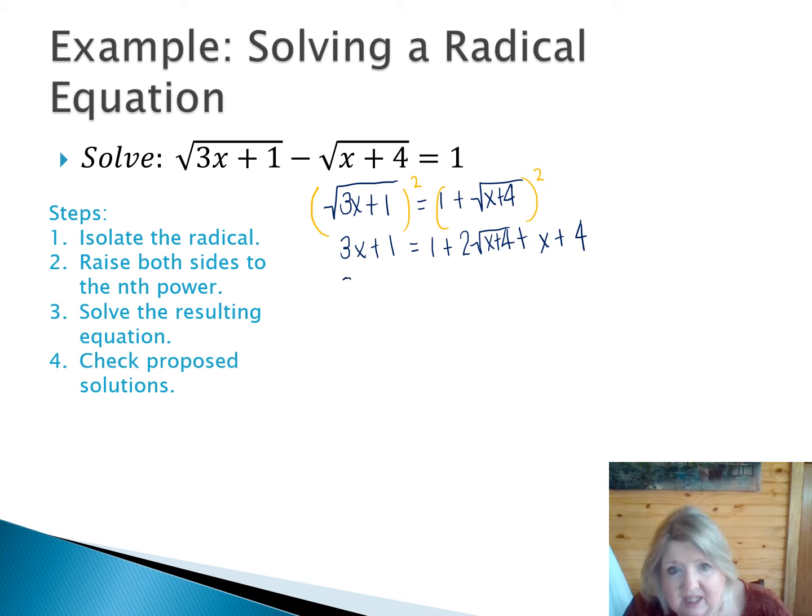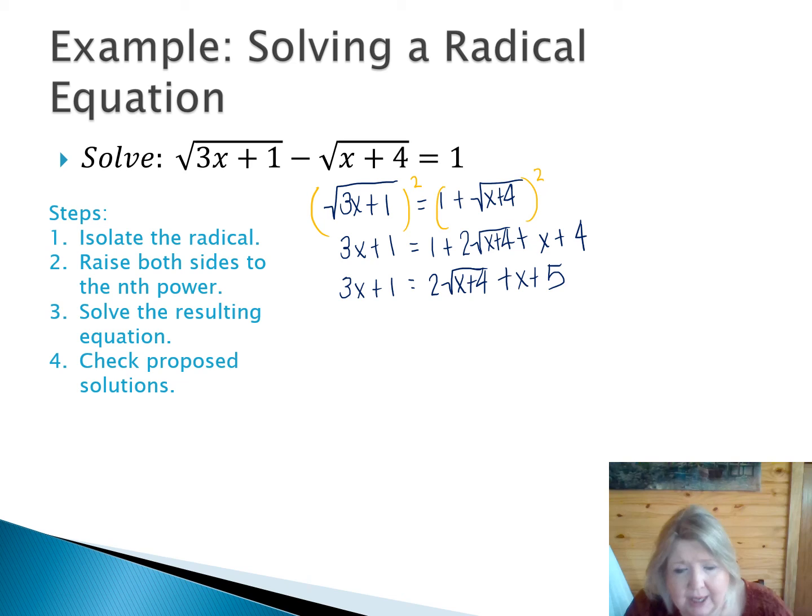Now I got a little simplification to do before I can do anything else. 1 plus 4 is 5, so this is 2 square roots of x plus 4 plus x plus 5.